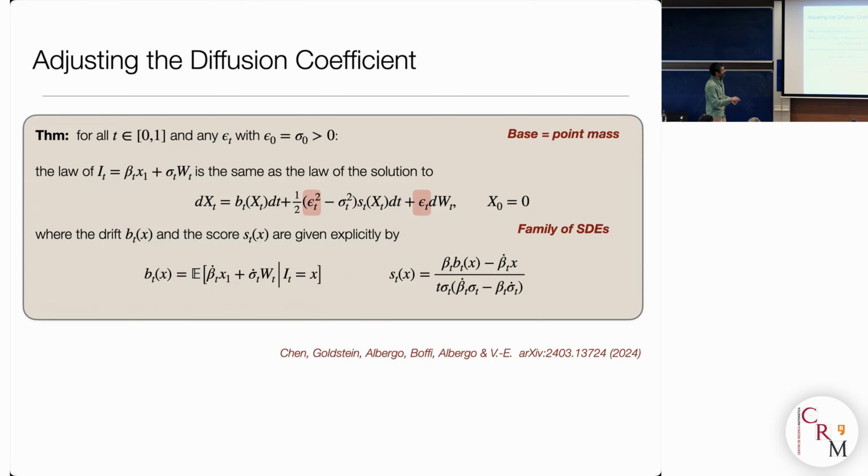The simplest case would be to take epsilon t equal to sigma t, then this guy disappears, but you can actually vary it. So you have a family of SDEs now. Okay? If these SDEs were exact, they all have the property that their law would be exactly the law of this interpolant. If you make any kind of estimation error, this statement is no longer true.